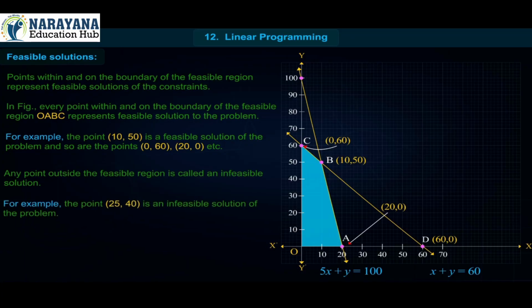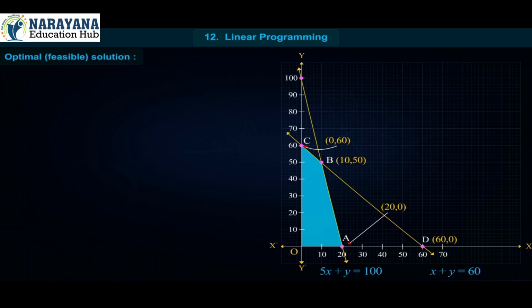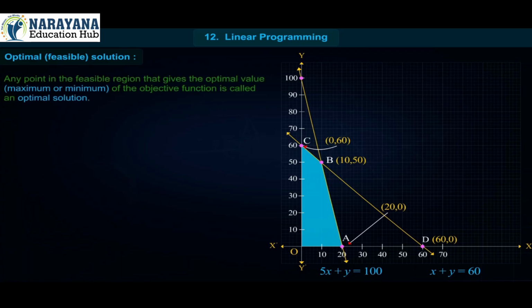For example, the point (25, 40) is an infeasible solution of the problem. Optimal, that is, feasible solution: any point in the feasible region that gives the optimal value, which is maximum or minimum, of the objective function is called an optimal solution.